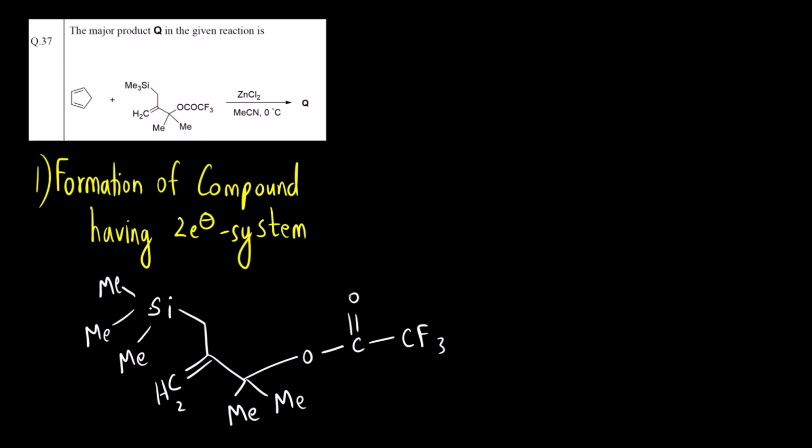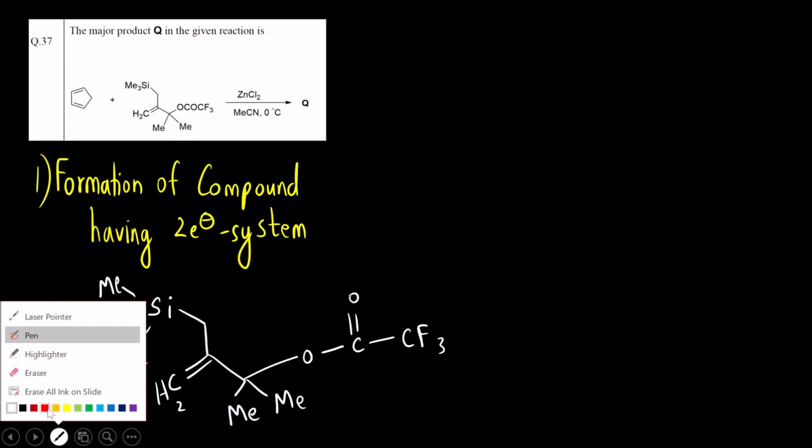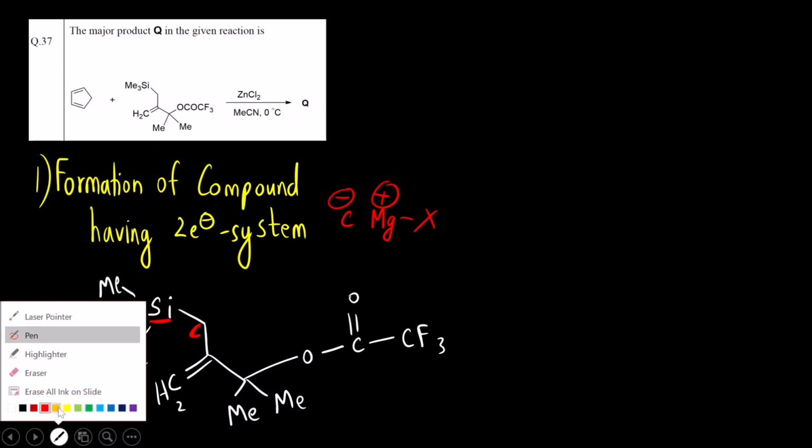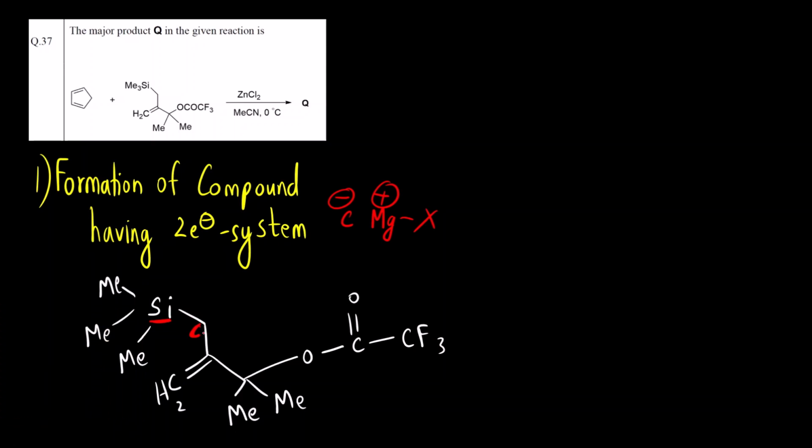Now this carbon-silicon bond is a bond between metal and carbon, similar to the bond between carbon and magnesium that we see in the Grignard reagent RMgX. In RMgX carbon has a negative charge and the metal has a positive charge because it is electropositive, so it can easily donate its electron. Similarly, here in the silicon-carbon bond, carbon is more electronegative, so it will withdraw electron towards itself. So we will have a negative charge on the carbon, CH2 minus.